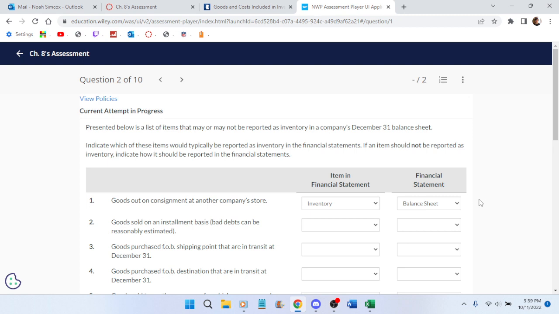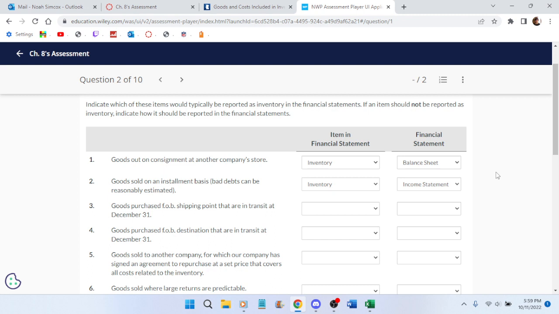Bad debts. I think inventory. Yeah, we did a similar question to this before. If you have goods that are sold, that means it's in the income statement because it was sold. Right? Goods purchased.